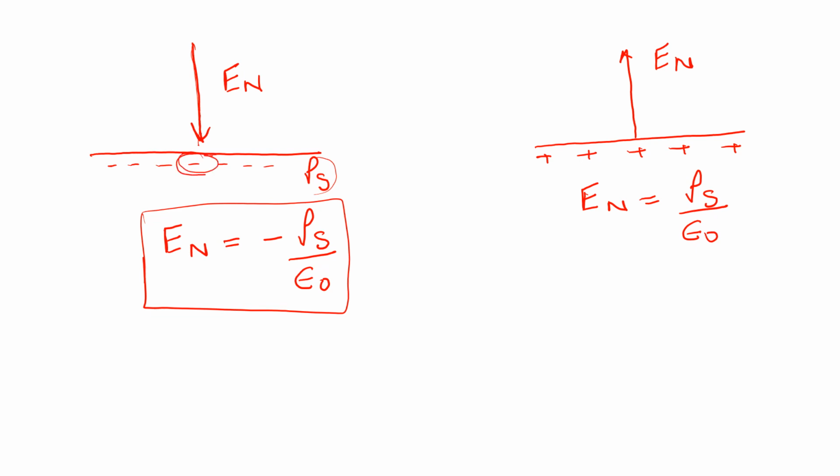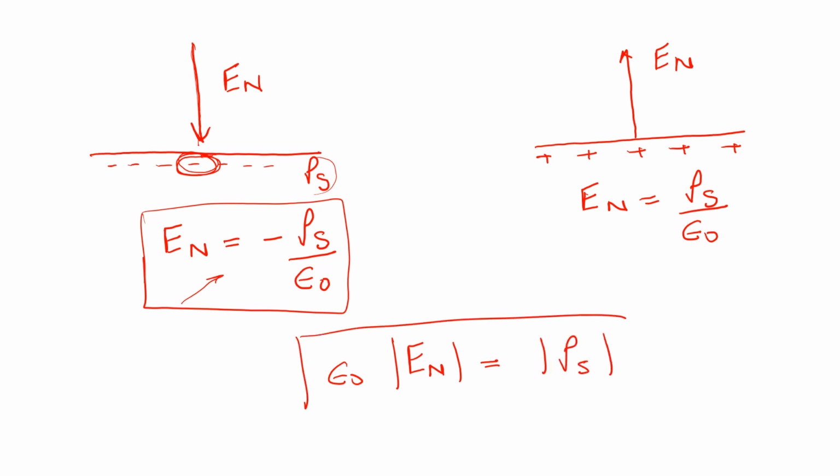What charge it would induce on the conductor would also follow this relationship. So E normal magnitude times epsilon naught should always be equal to the magnitude of rho s. If the electric field is hitting into the conductor, rho s would be negative. If the electric field is leaving the conductor, rho s would be positive.